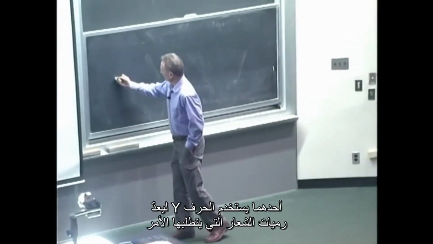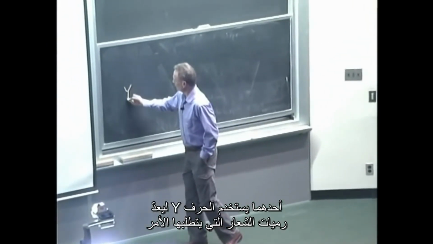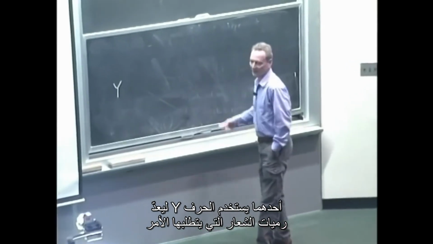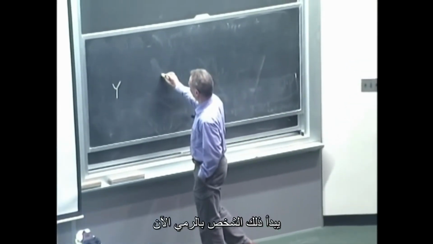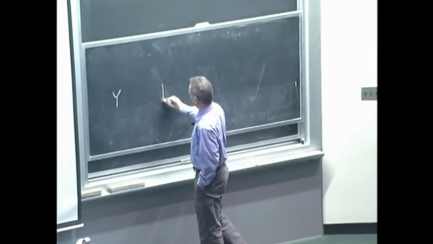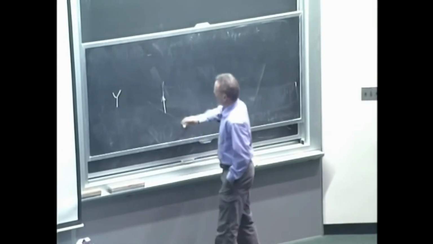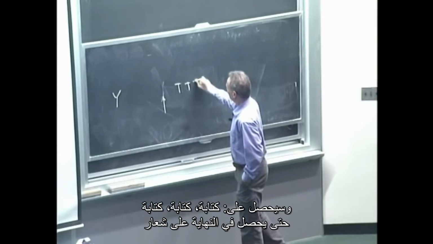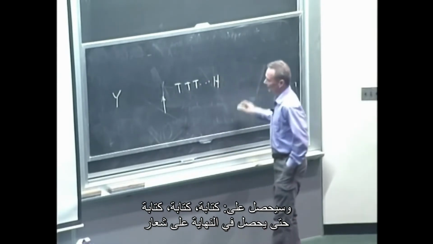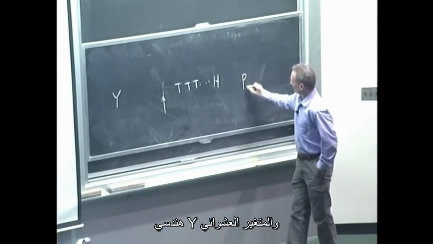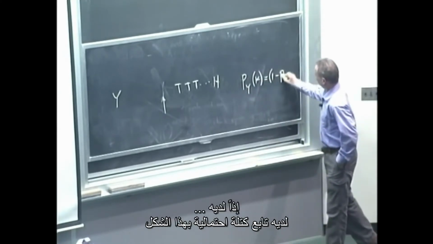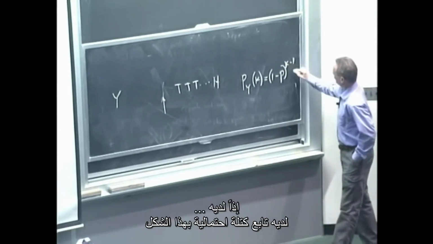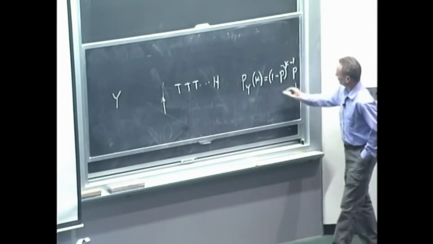One of these people is going to use the letter y to count how many tosses it took. So that person starts flipping right now. This is the current time. And they are going to obtain tails, tails, tails until eventually they obtain heads. And this random variable y is, of course, geometric, so it has a PMF of this form.